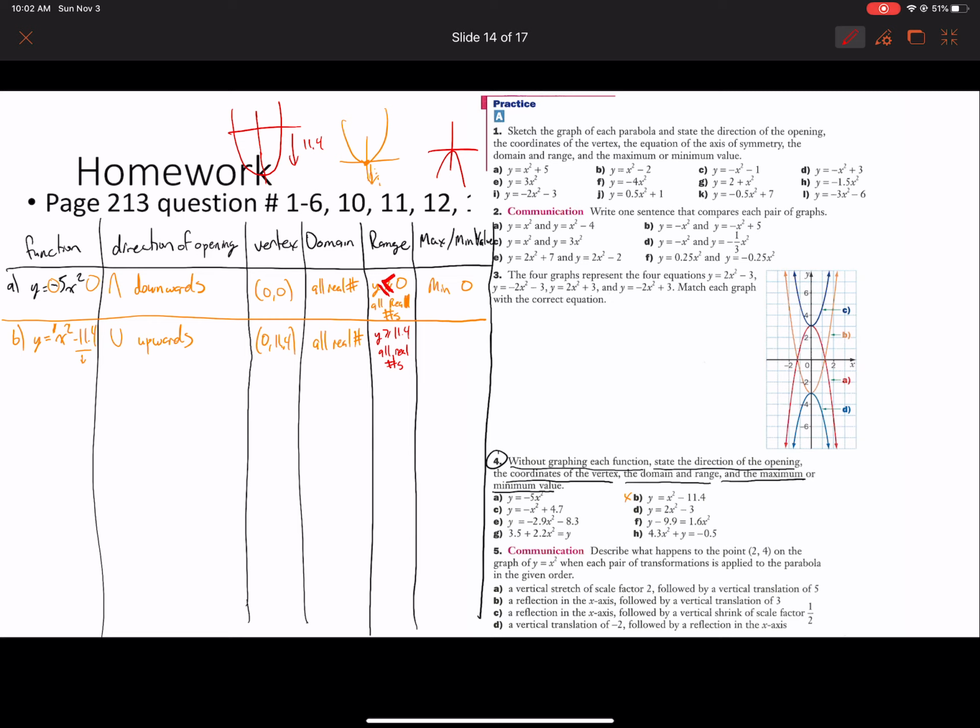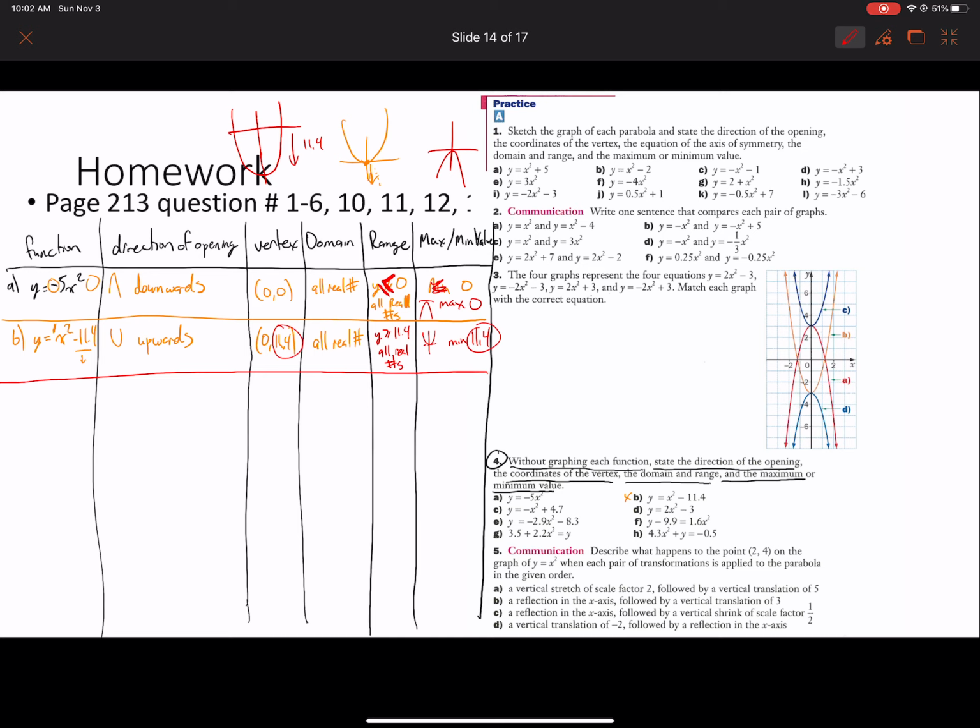Look what I did here. Before it was a min. Basically, if it opens downwards, then I have a max value. Max of 0. This one opens upwards, so therefore I have a min of negative 11.4, because that's where my vertex is. Do you notice that this matches this?